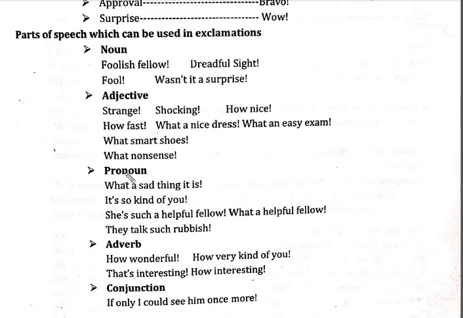Now it is pronoun. What a sad thing it is. What is it? It is something about someone. What a sad thing it is. That means something is there about which the talk is going.